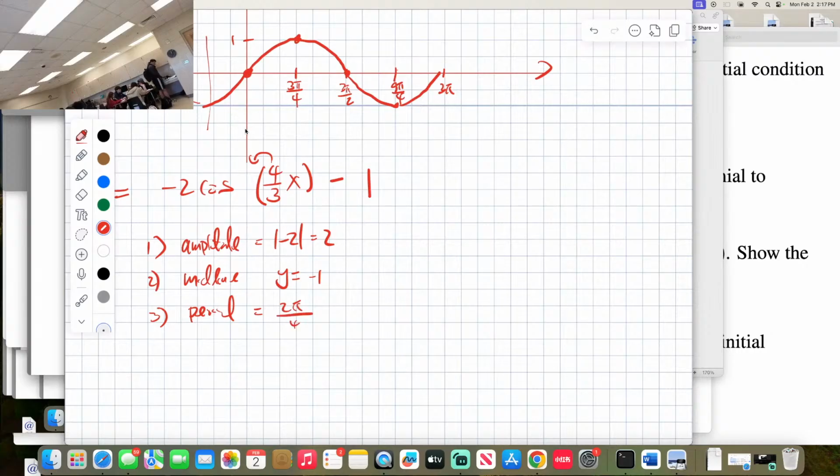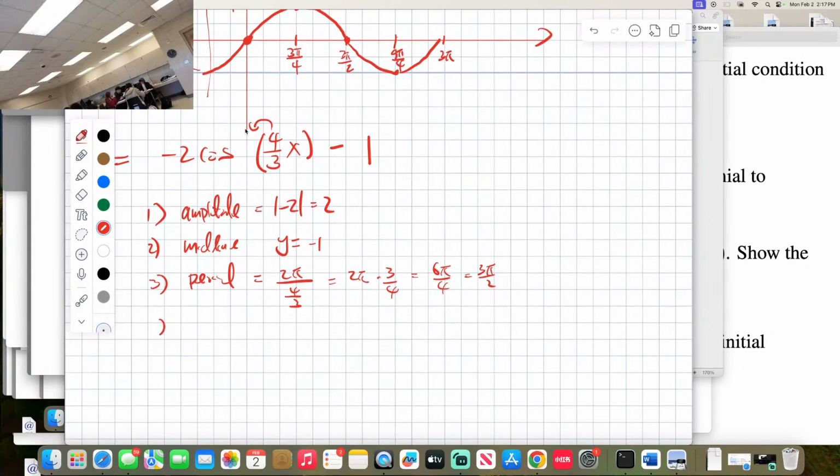Okay, perfect. Correct. And you're going to choose number 2. That's what the midline is named.